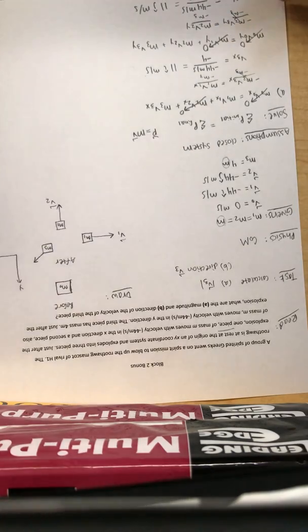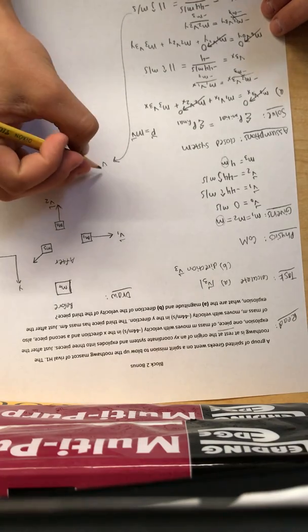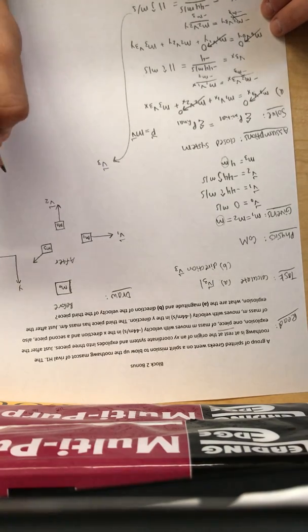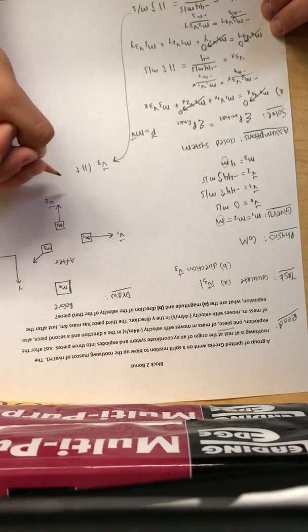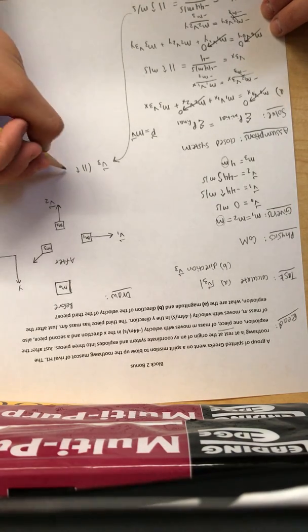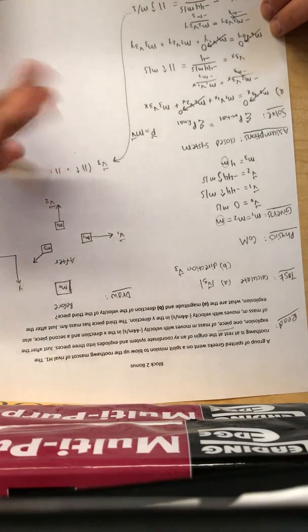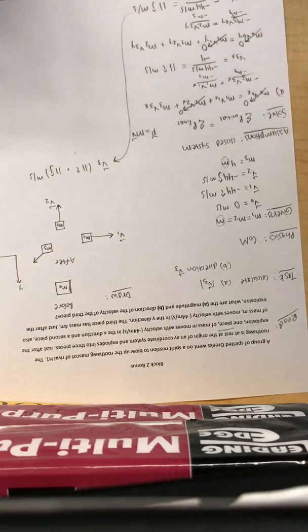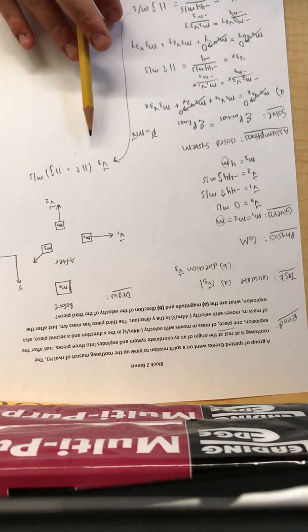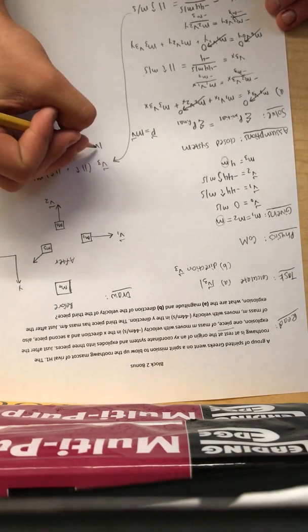All right, so we're going to continue this up here because we're not done yet. So right now, we know that the velocity of the third piece is 11 meters per second in the x direction plus 11 meters per second in the y direction. To find the magnitude of the velocity, we are going to do this.